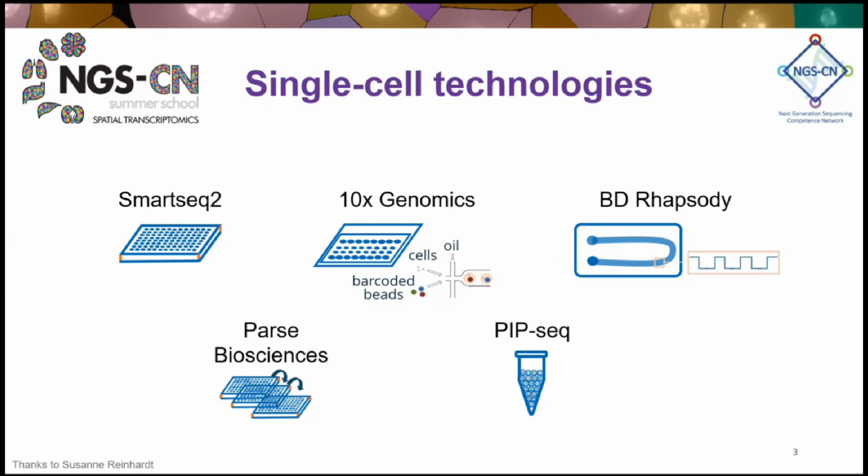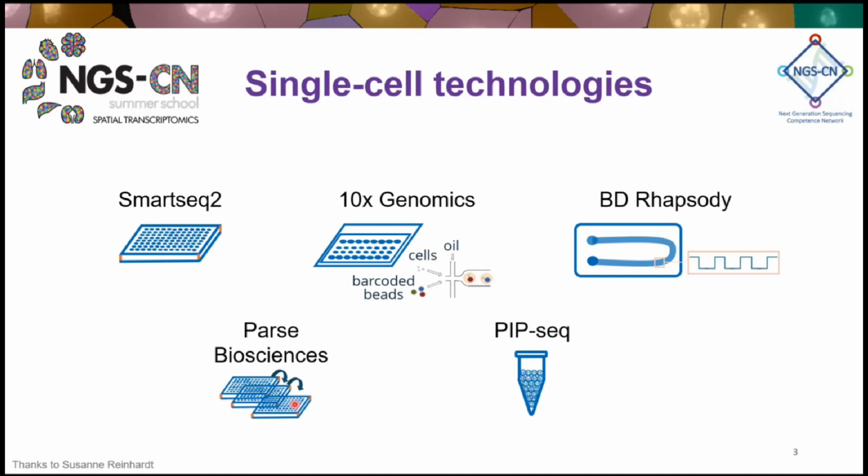And then we have two more recent technologies. There's Parse Biosciences, and this is a technology that uses combinatorial indexing. So basically what you do is you have cells in plates, you barcode them with one barcode, and then you do another round of barcoding, and I think in total 3 rounds of barcoding.